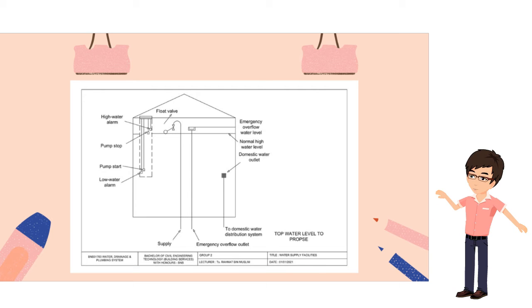So the treated water will be kept in the balancing system located 40 meters above the ground level, and distributed to the consumers when needed.